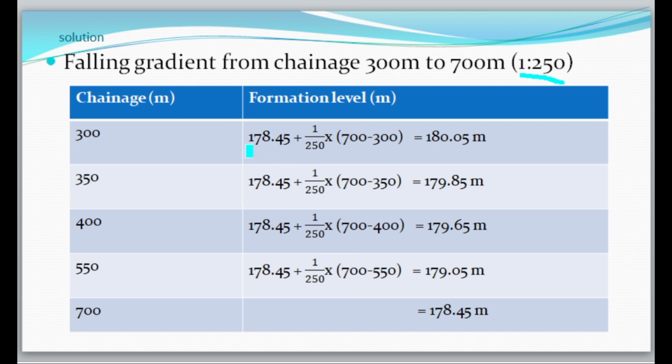This is the formational level of the 700 meter. I'll add the ratio of the gradient, that is 1 into 250, multiplied by the distance covered between 300 and 700, and I'll get the formational level of the 300 mark.